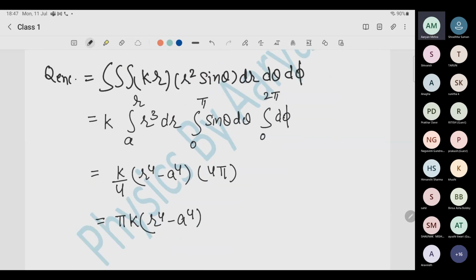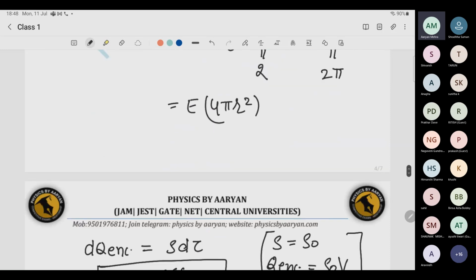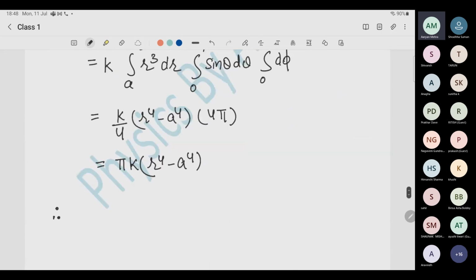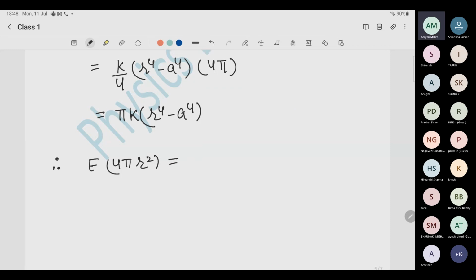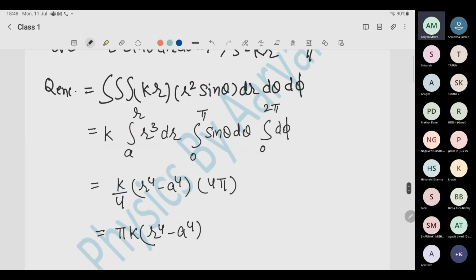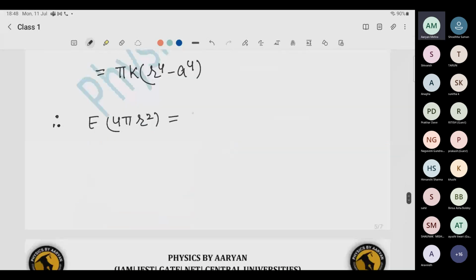R cube, perfect. Now I just need to put LHS equals RHS. This is my LHS, E into 4 pi r square. Did we make any mistake or is it okay? Pi k (r raised to power 4 minus a raised to power 4).